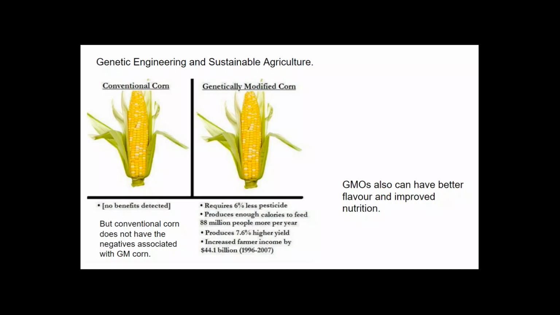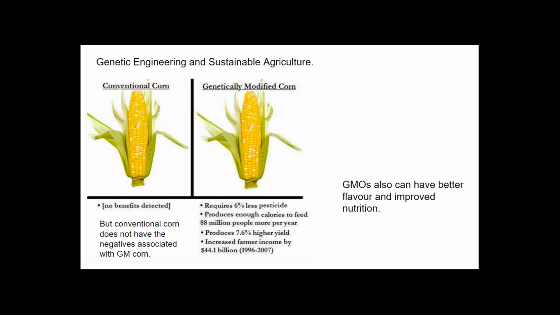So conventional corn basically says no benefits, but it doesn't have the negatives associated with GM corn. So what are the sustainable factors related to genetically modified corn? First of all, it requires less pesticide.